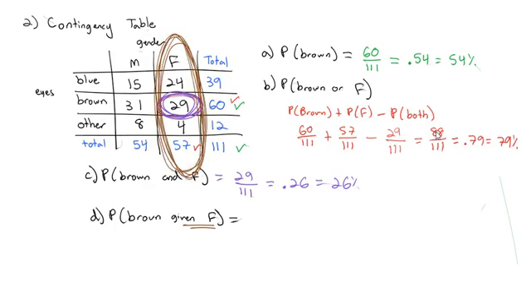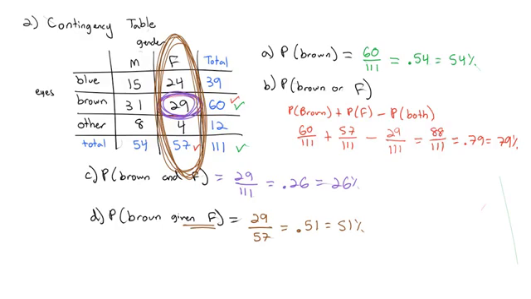Nobody else exists in this survey. And what's the probability someone has brown eyes? Well, there's 29 with brown eyes out of the total, which is now 57, because we're just looking at the given females. We're not looking at anybody else. There's only 57 total options, which gives us a probability of approximately 0.51, or 51%.